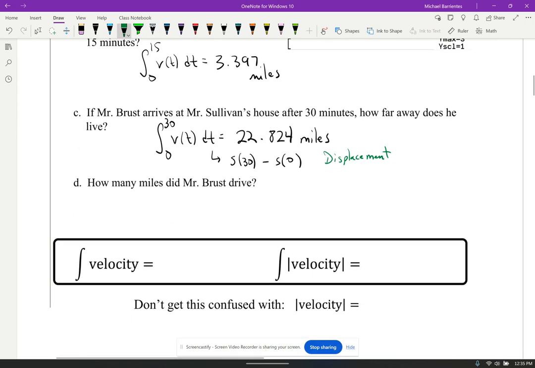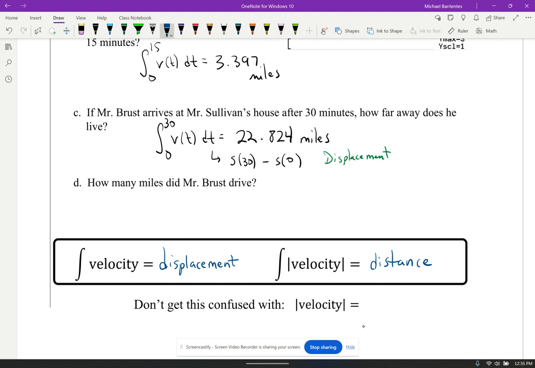Well, the way I do that is with an absolute value. So I need you to write down, when we take an integral of velocity, we only get displacement, right? The change in position. But like we saw, he might have gone one way and then another way and then back and he got lost. So the total distance is found by taking the absolute value of velocity.